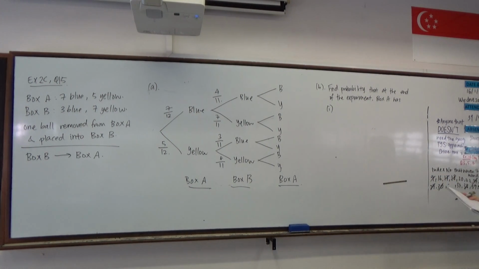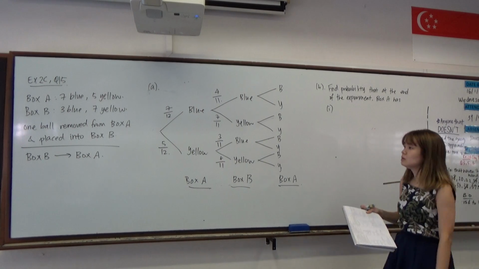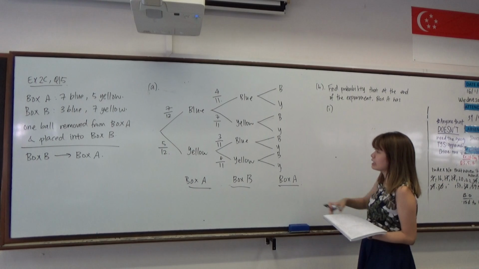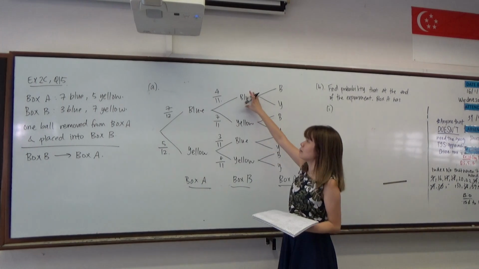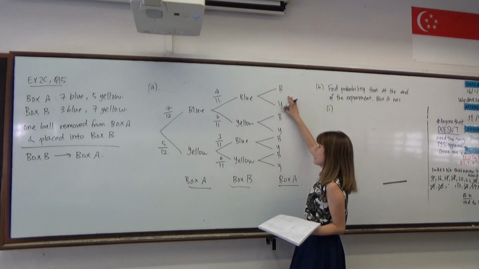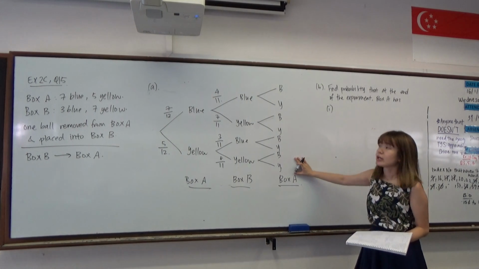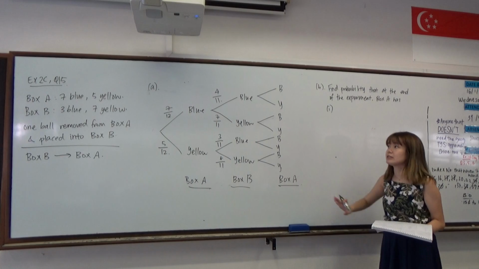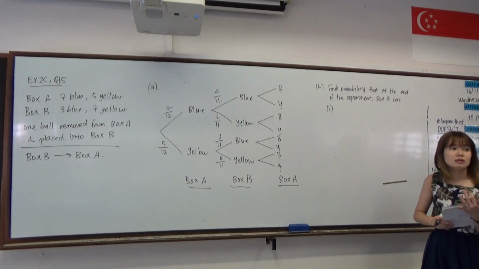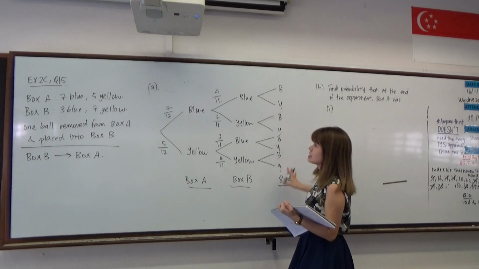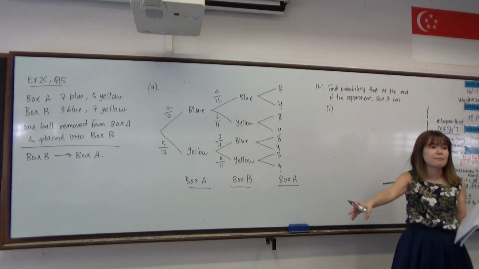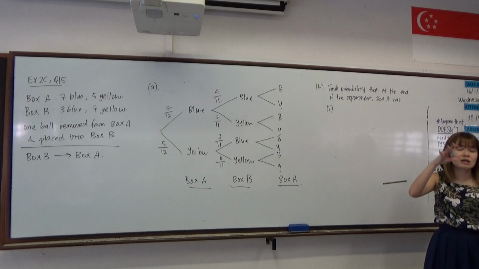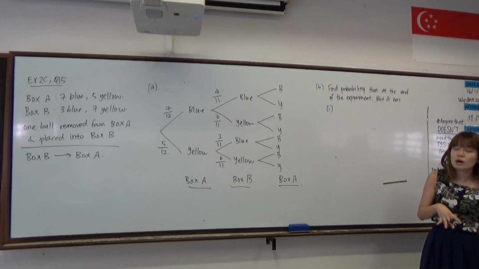You could actually write B for blue and then Y for yellow. So after taking out from box B a blue ball, then placing it back into box A, what's the probability of taking a blue one from box A after that? So box A has how many balls? After taking one ball from blue back to A, it will go back to total of how many balls? 12, right?